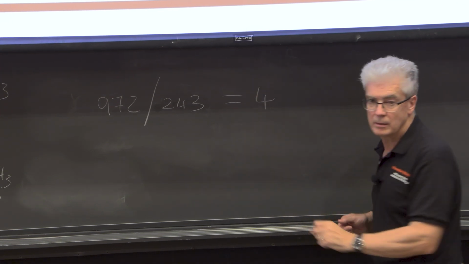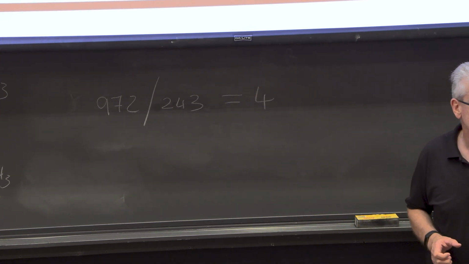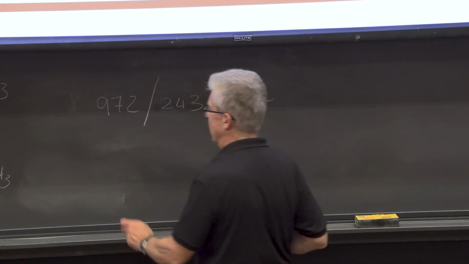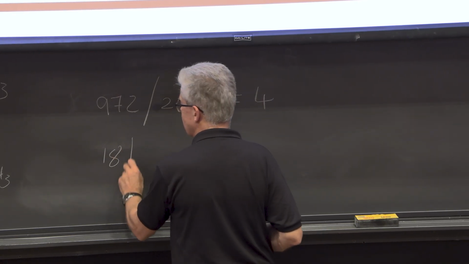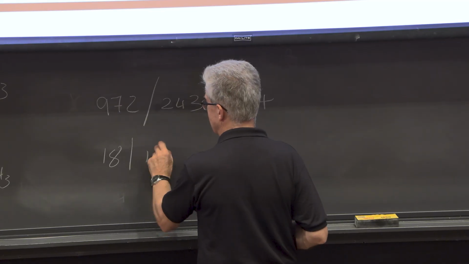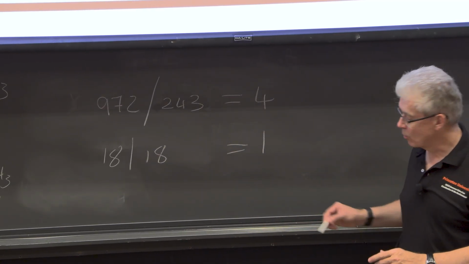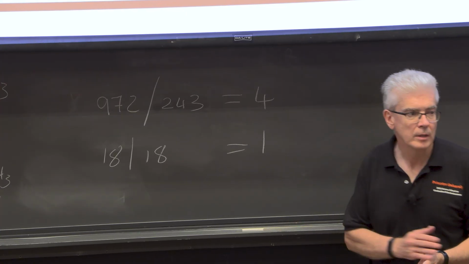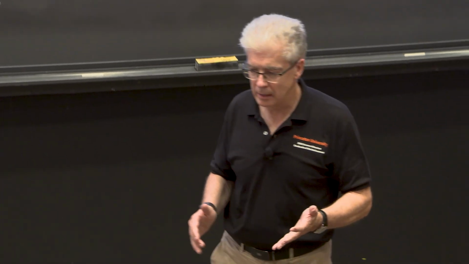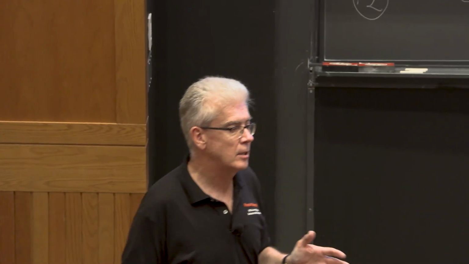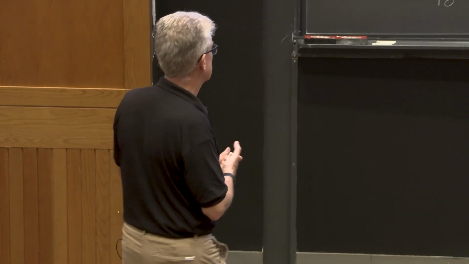It's 4, isn't it? I think it is anyway. Okay? Right. And then we have 18 divided by 18. So what's that equal to? 1. Okay. I'm kind of confusing you now, right? So let's look at it this way.